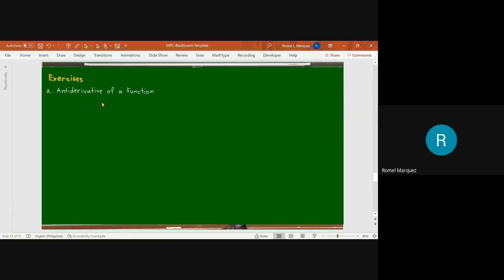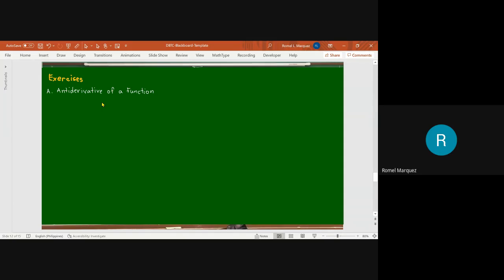This time, we are given derivatives and we will be looking for the functions. So it's like, given now is what you were looking for before. So that's what we mean by antiderivative of a function.